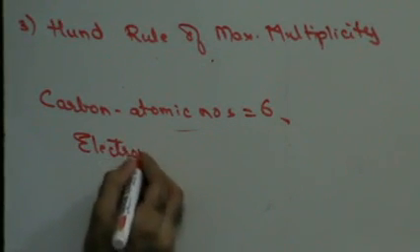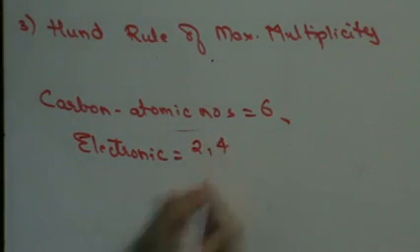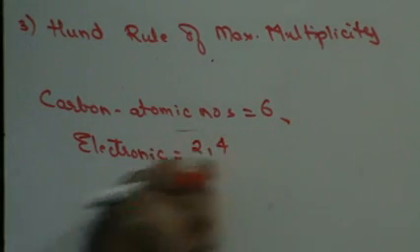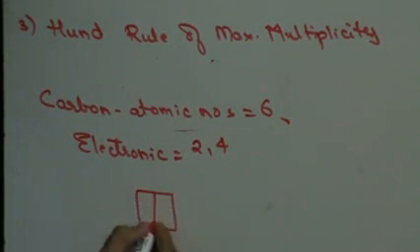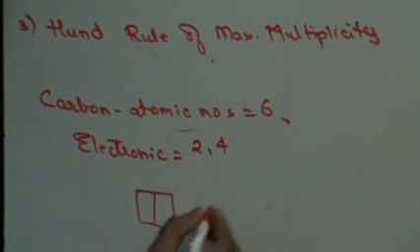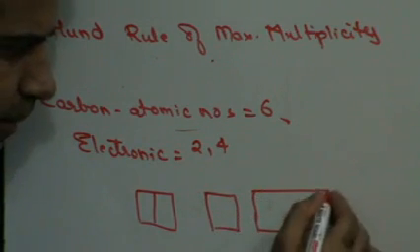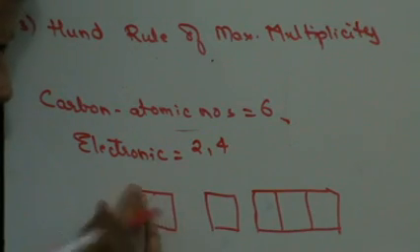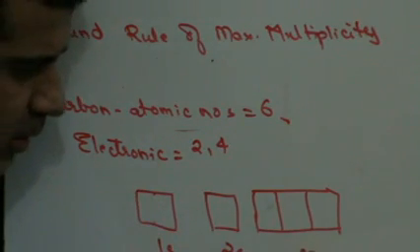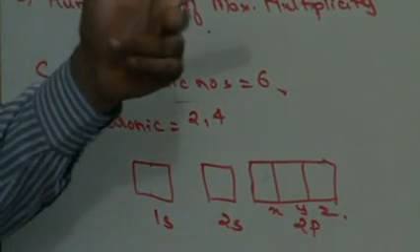Now, the general electronic configuration as per Rutherford's rule should be 2, 4. First orbit will take 2 electrons, second orbit will take 4 electrons. This first orbit is further divided into the 1s orbital. The second orbit is divided into 2s and 2p orbitals. This is 1s, 2s and 2p. The 2p orbital is oriented in 3 directions, x, y and z.